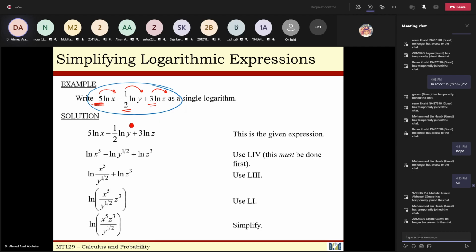So this is equal to ln x to the power 5 minus ln y to the power half plus ln z to the power 3. Now, positive ln goes in the numerator, multiplied together. Negative ln, put it in the denominator, multiplied together.